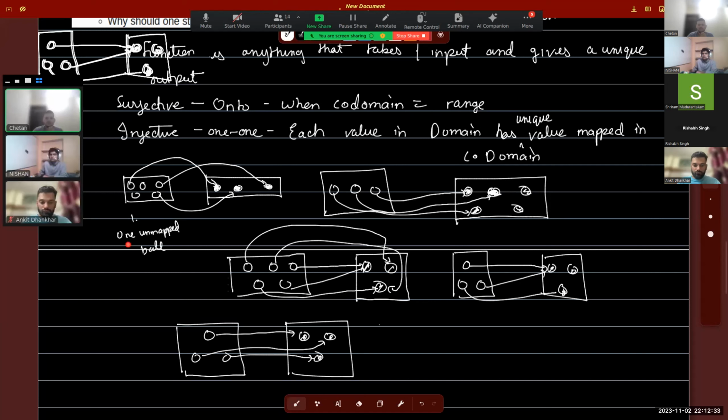I don't have 2 of my balls in the first box mapped to anything in the second box, right? This cannot be a function. The very first condition of a function fails. The very first condition of a function says that you can only consider a relation a function when you have all the inputs mapping to some output. So the first case actually fails that condition.